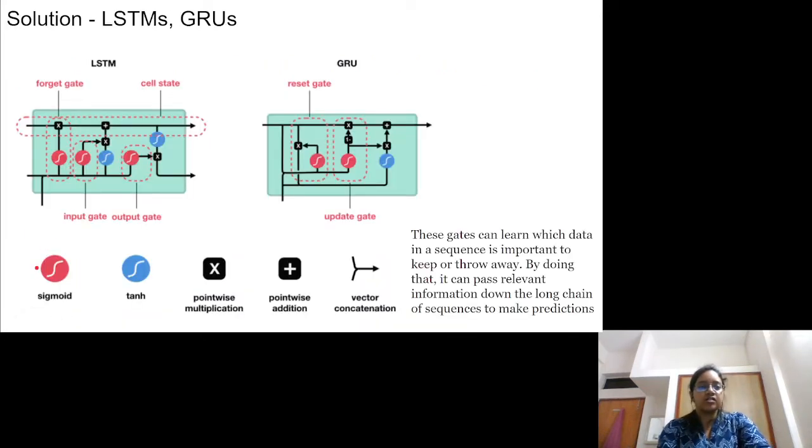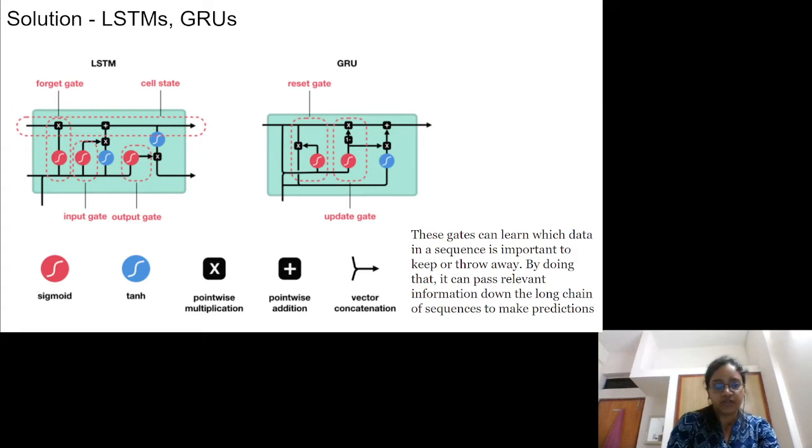So the solutions that have been proposed to solve this problem constitute two very popular architectures, LSTMs and GRUs. How are they fundamentally different from RNNs? The biggest contribution of these two architectures is that they theoretically stop this vanishing gradient problem.